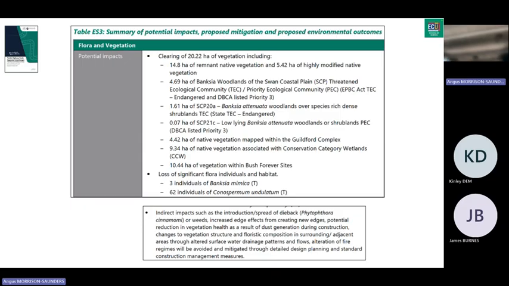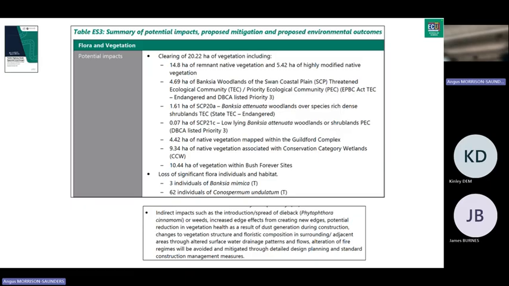And some of those species are very small areas of clearing, but the species are high priority for conservation. So that was the direct clearing. That's what the bulldozer is going to go and smash down, right?